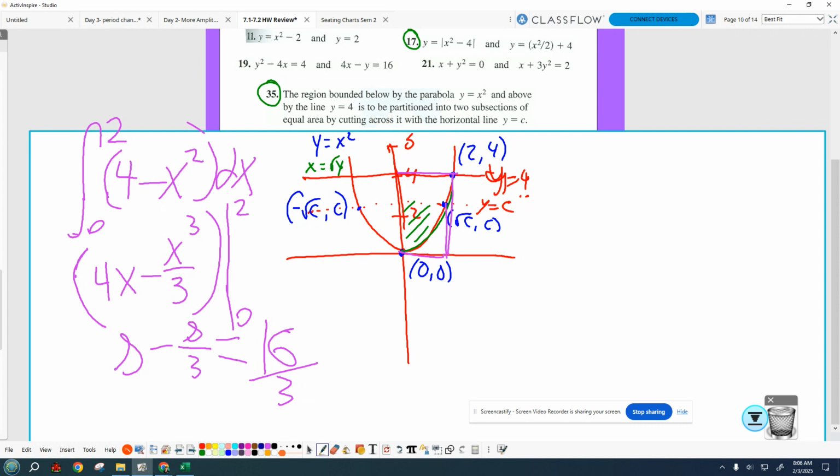How about we do the same thing that we did before, instead of 0 to 2, you're going 0 to what? What's the X value where the halfway point meets? This is why I asked Naomi and Adrian for the coordinate. Root C. So integrate from 0 to root C. It's hard to write that way, that's all.